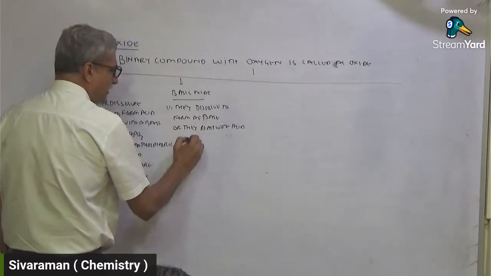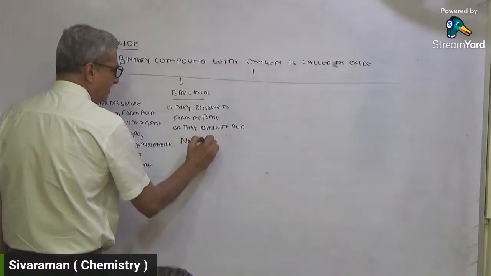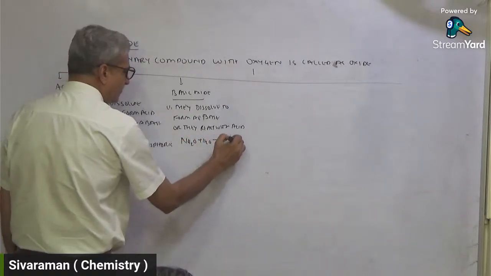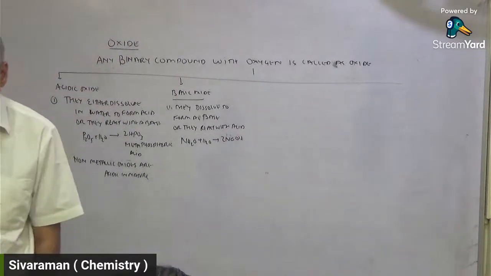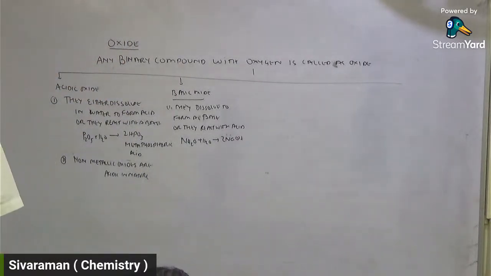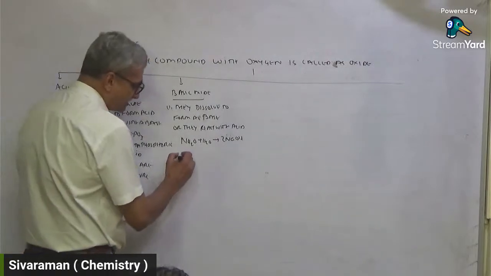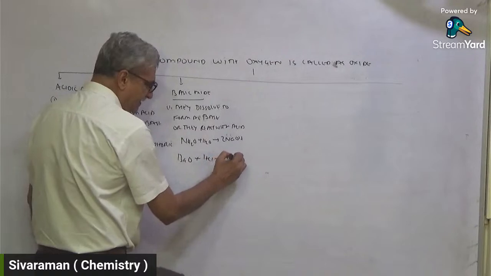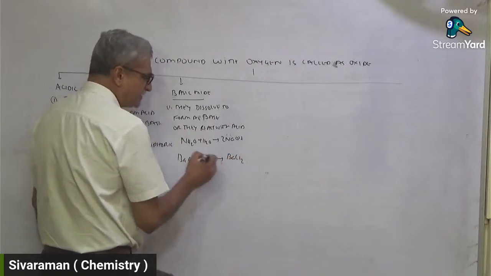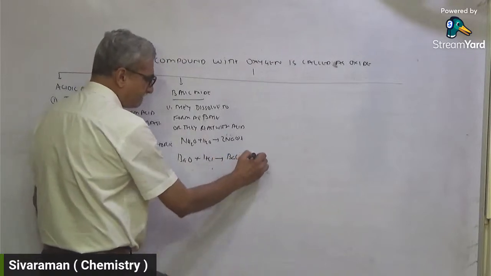Look at this: Na2O plus H2O forms 2NaOH. Now you could have something like barium oxide. Barium oxide reacts with HCl to form barium chloride plus H2O.